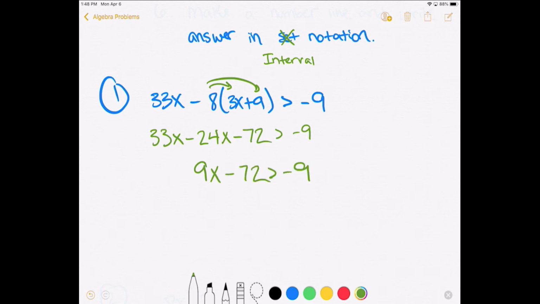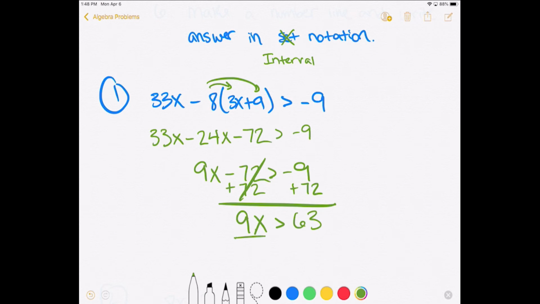Just like before when I solved equations, I want my variables on the left. That's already done on this problem, so that's nice. Let's move this negative 72, let's add it to the right side. So I have 9x is greater than, blanking, why am I blanking? 63? Ooh, it's been a long time since I've done math too.